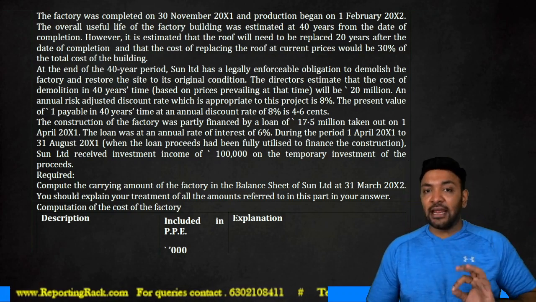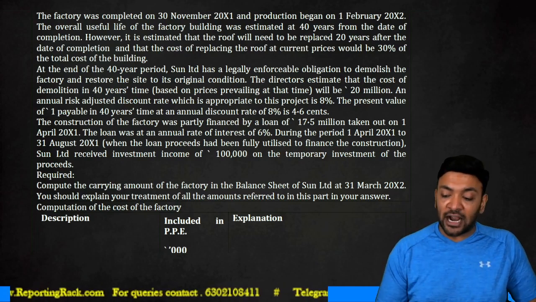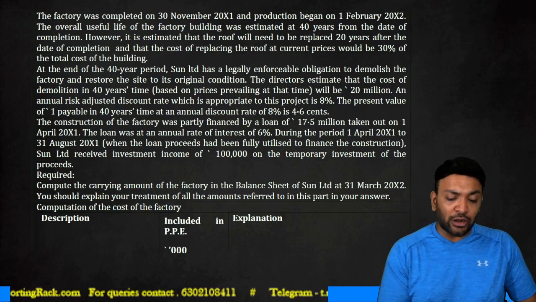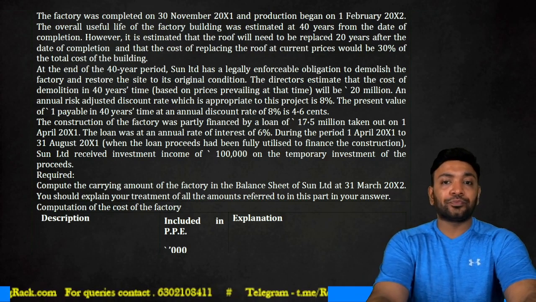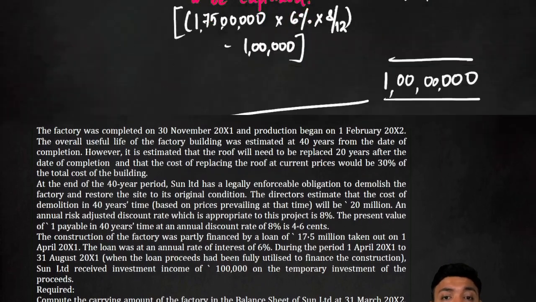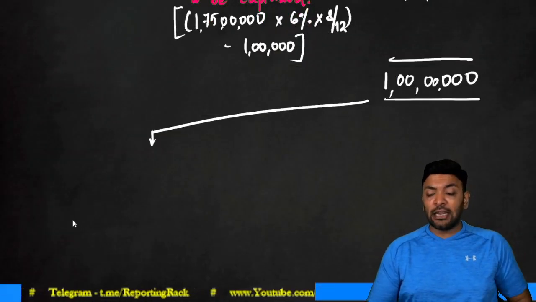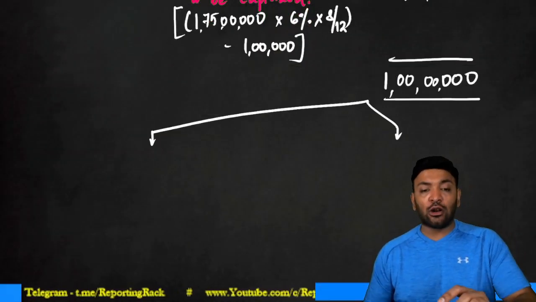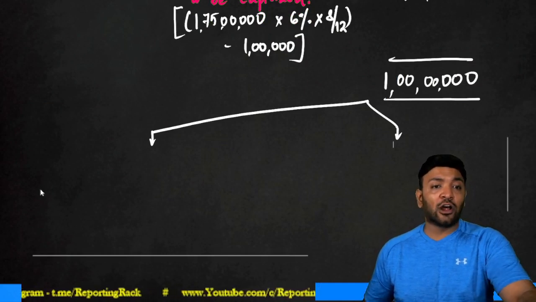Now out of this building, I will divide it into 2 parts. Out of this 1 crore, I am pulling it out into 2 parts. Why? Very simple logic.